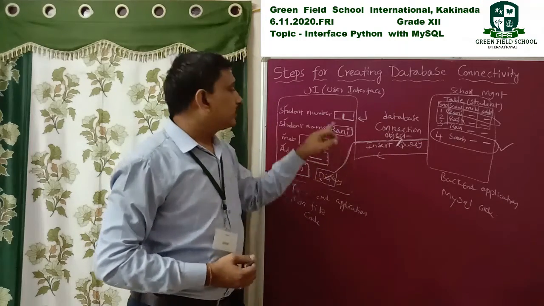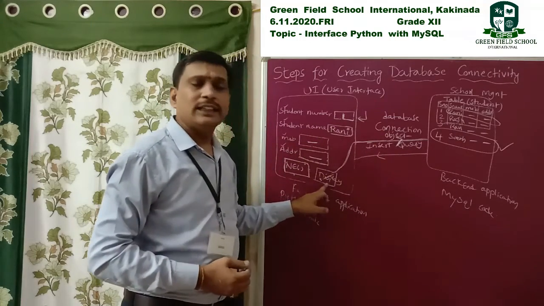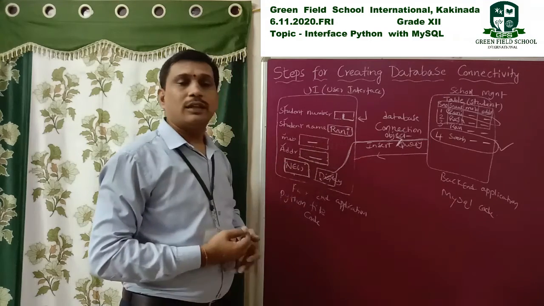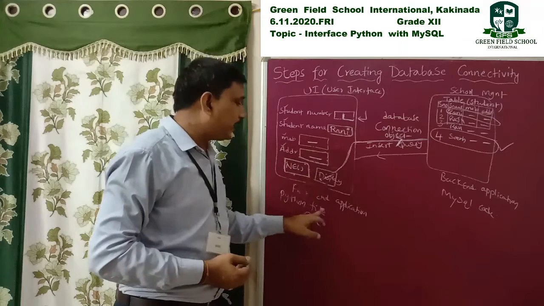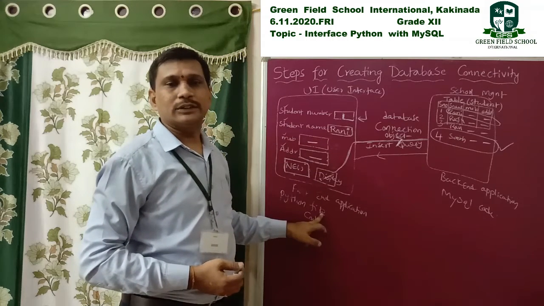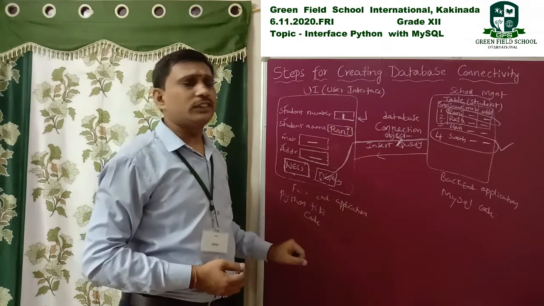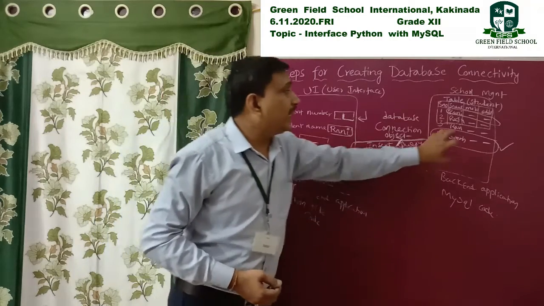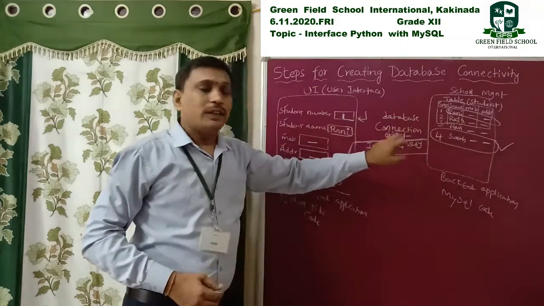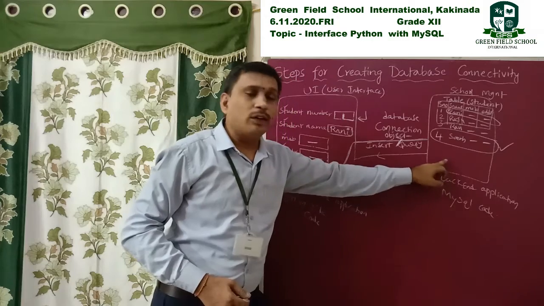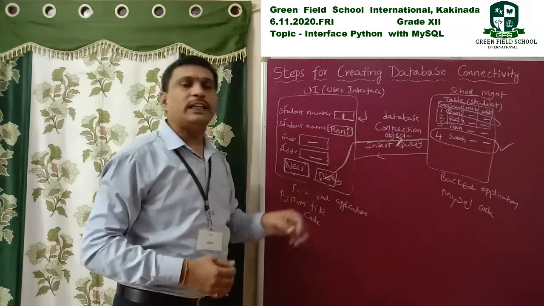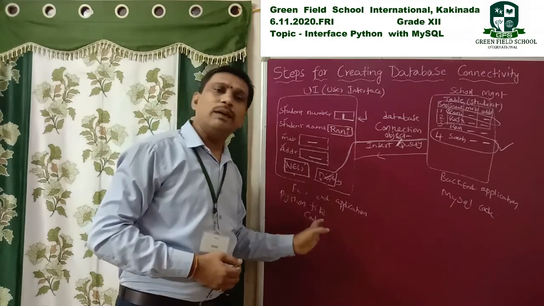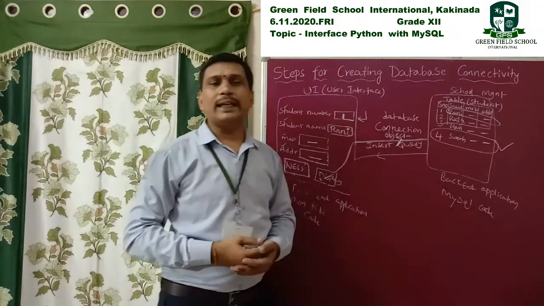Then the data is displayed in these columns or variables. This code is maintained in the Python application. In this way, we get data from the MySQL backend application to the front end application, and from the front end application to the back end application.